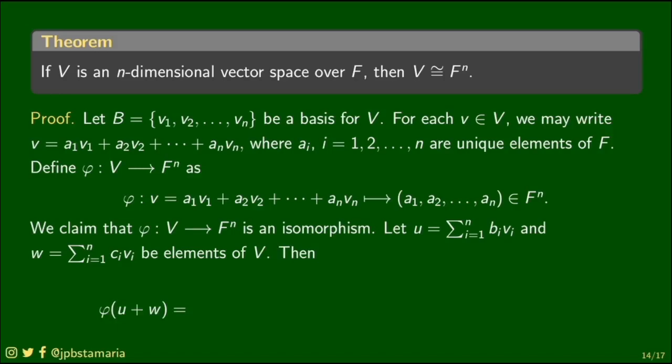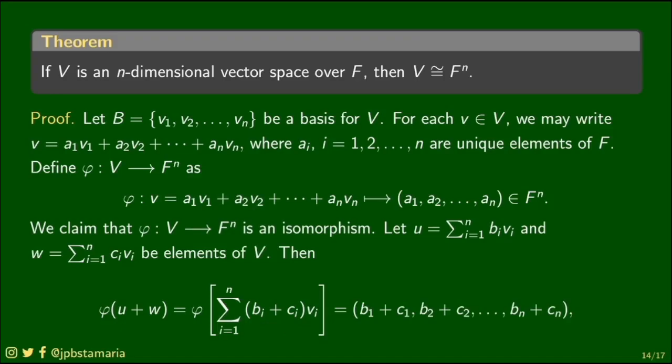In other words, as you can see, if I take phi of u plus w, I will add these two sums, it will become this sum. The resulting sum is again a linear combination of the Vi's, these being the scalars. Hence, phi of this, by the definition of phi, we collect all these scalars, we put them in a tuple, like so. That's phi of u plus w.